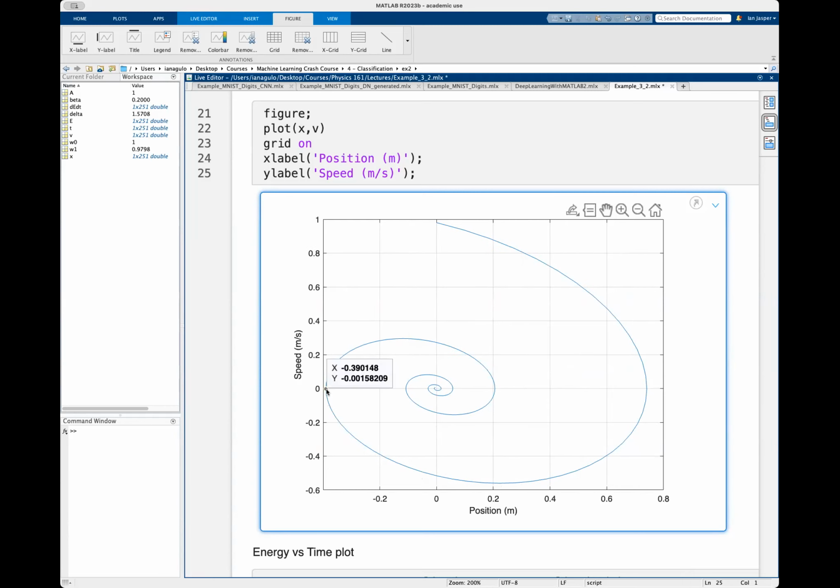Pagkatapos, it will reach this maximum position dun sa kabilang side when the speed of the particle is 0. So it goes through that motion, positive velocity, but this time makikita nyo na yung maximum velocity is not necessarily at the equilibrium position.